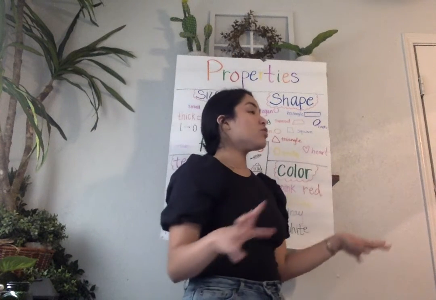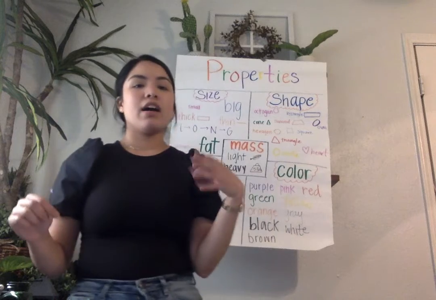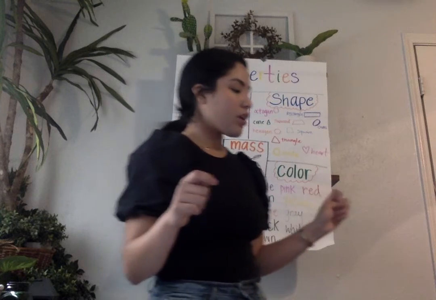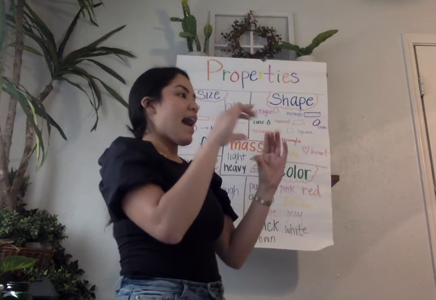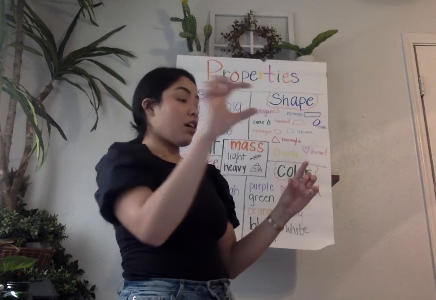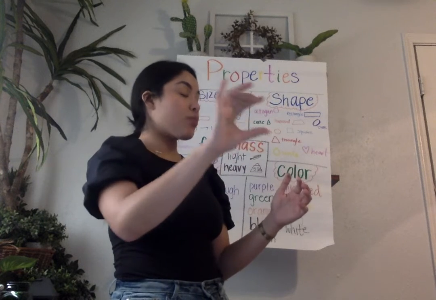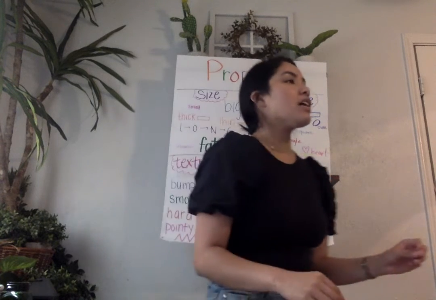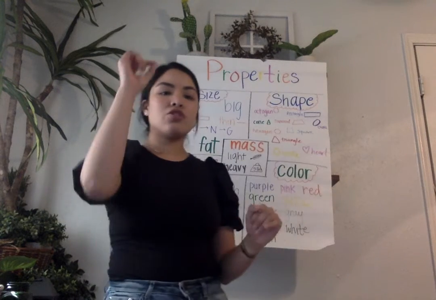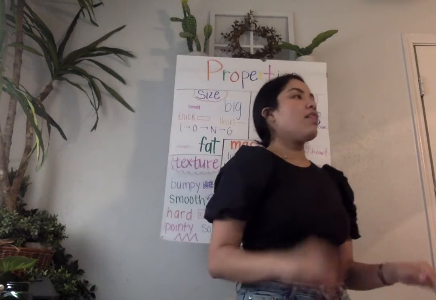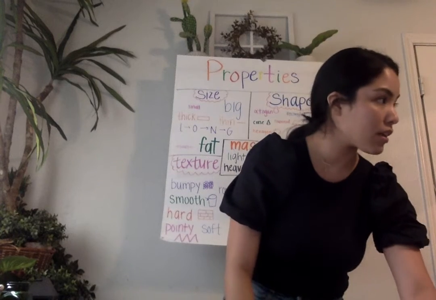Okay, and if you're done sorting out your cards, I have a different paper. Once you're done sorting out your cards, I have this worksheet that you guys are going to work on. At the beginning I said that each small card has the name of that object, right? It has the letters, the word written down there. I want you guys to use that worksheet that I just handed out and write down each object that went either on the big side or the small side, okay?